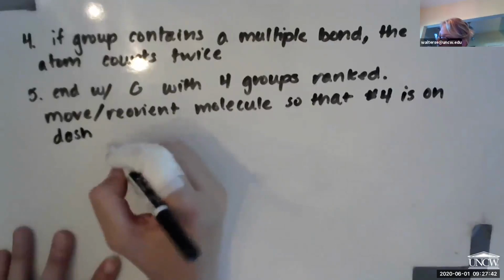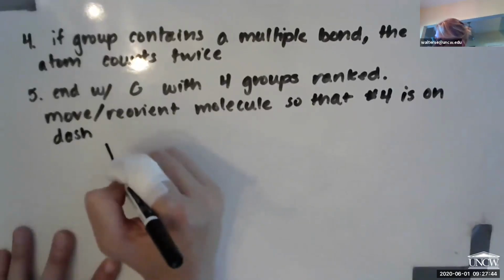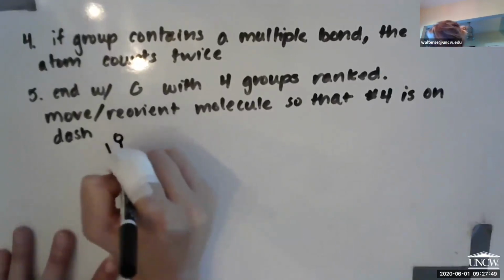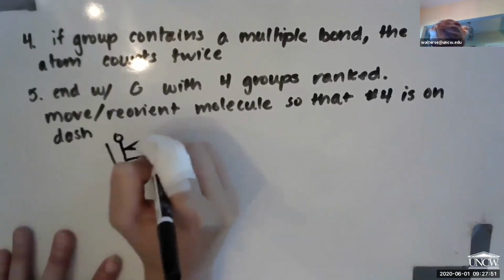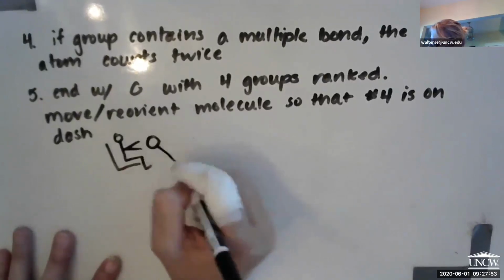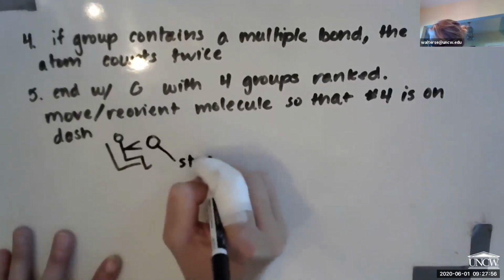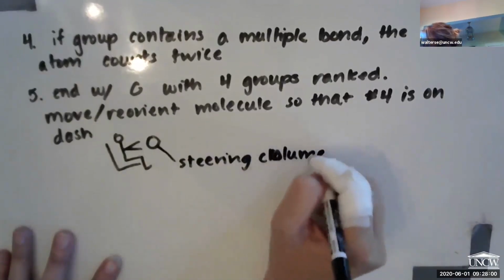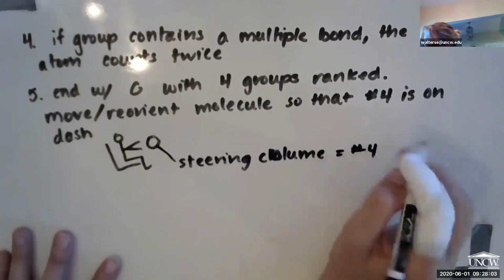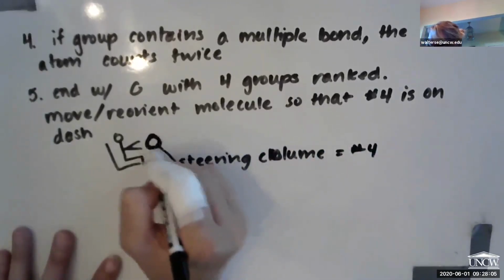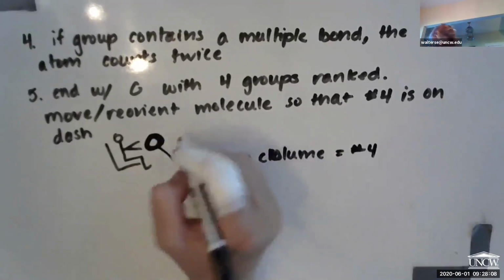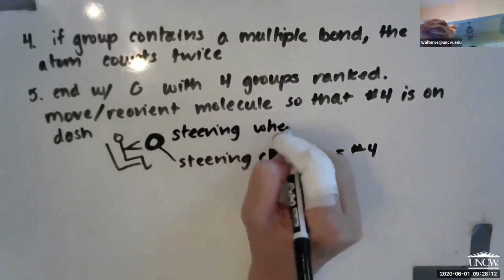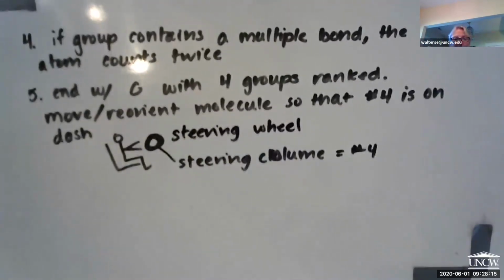So what you're going to do is pretend that this is a person driving a car. They have a steering wheel, and then they have the steering column. The steering column is number 4. So what the person is going to look at is the steering wheel, and what goes behind the steering wheel is number 4.